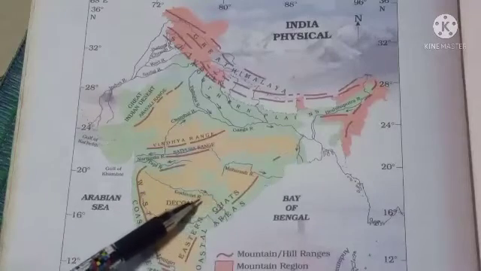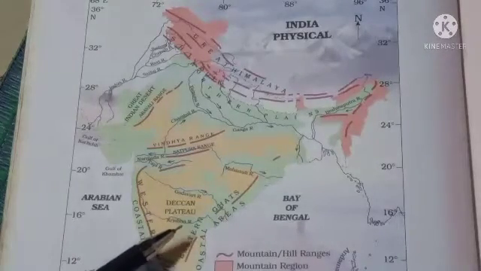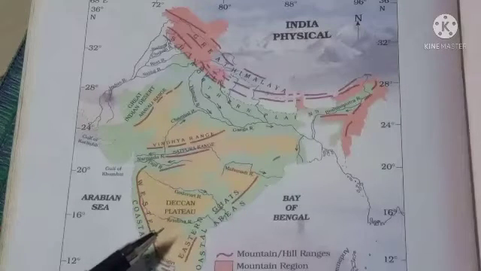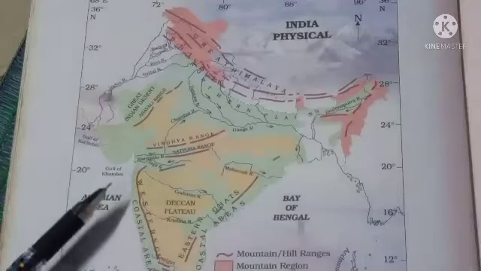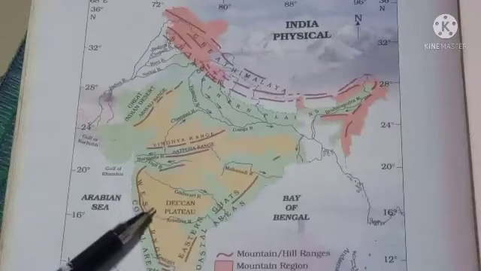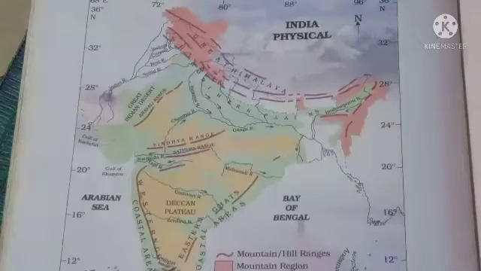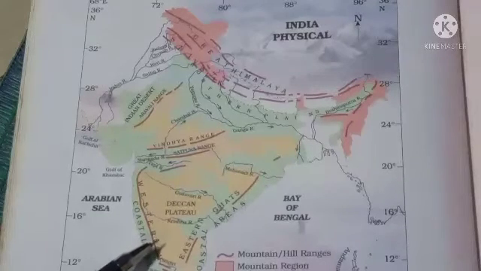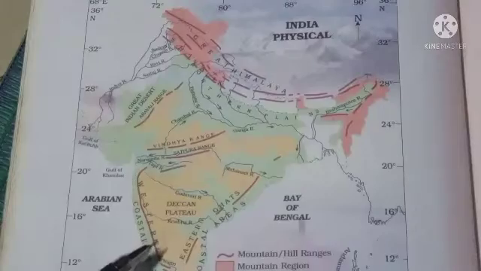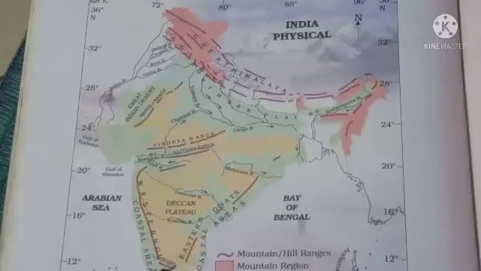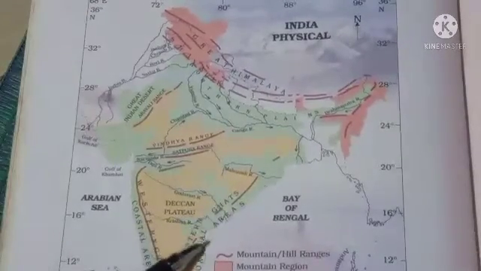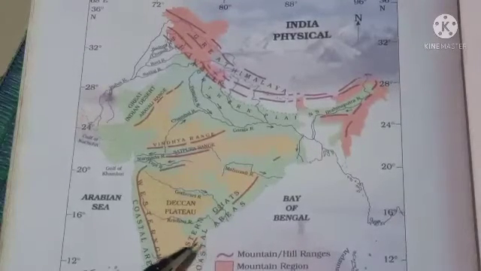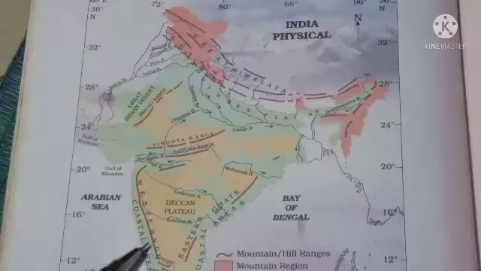The Western Ghats or the Sahyadris are the border of the plateau in the west, and the Eastern Ghats in the east. Here we see the Western Ghats, also called the Sahyadri ranges, and they lie in the west. The Eastern Ghats provide the eastern boundary, and the Western Ghats provide the western boundary.